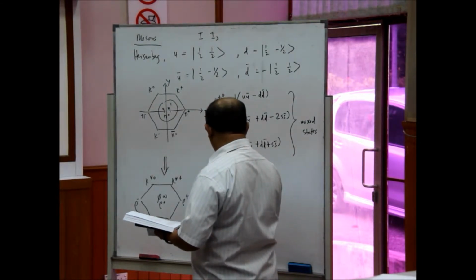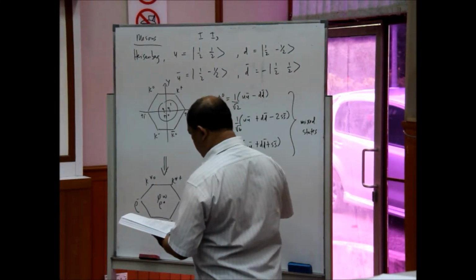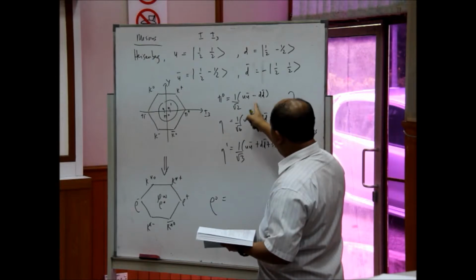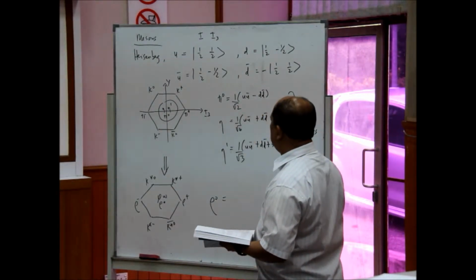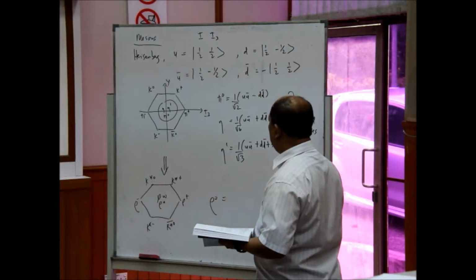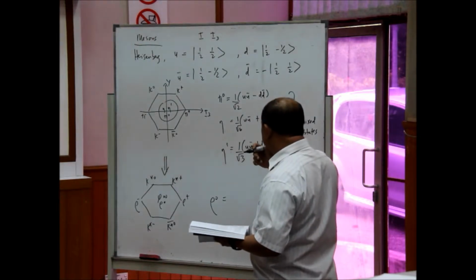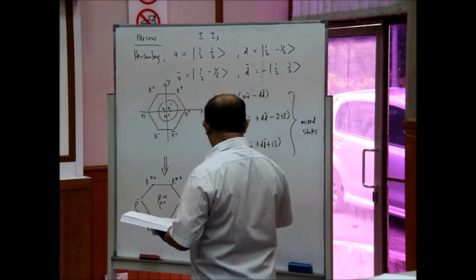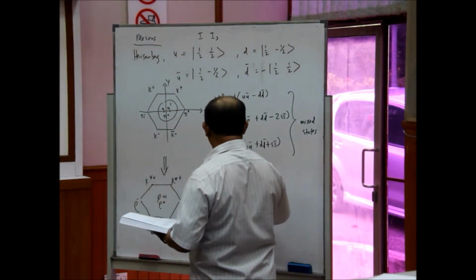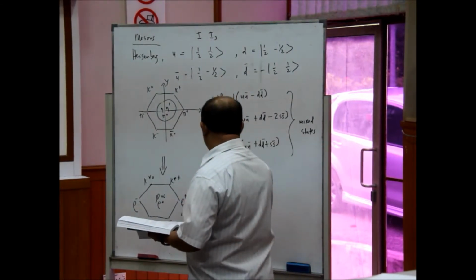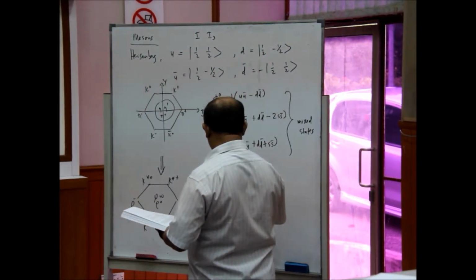Here rho 0 is just the same as the pi 0 here, except that it has higher L equal to 1. Here L equal to 0, and here L equal to 1.